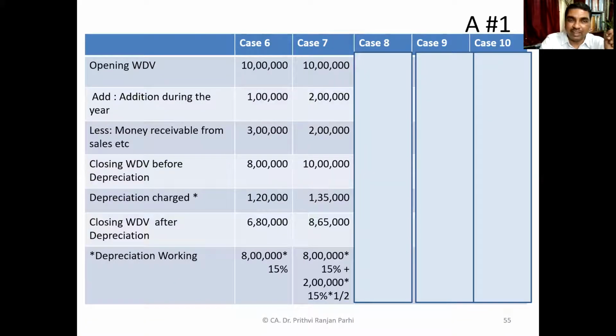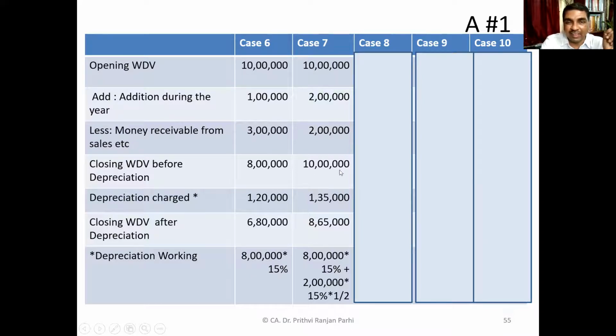You see, opening 10 lakh, addition 2 lakh, on the sales 2 lakh. So closing is also 10 lakh rupees. So on this 10 lakh rupees, how will we charge depreciation? This addition was purchased sometime in December. That means it is for less than 180 days. So for this 2 lakh rupees, we'll charge half of depreciation. So 2 lakh into 15% into half.